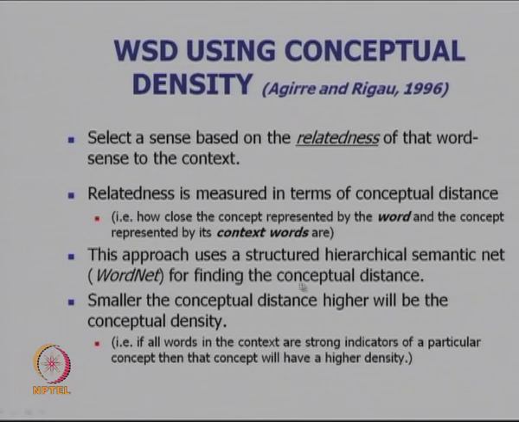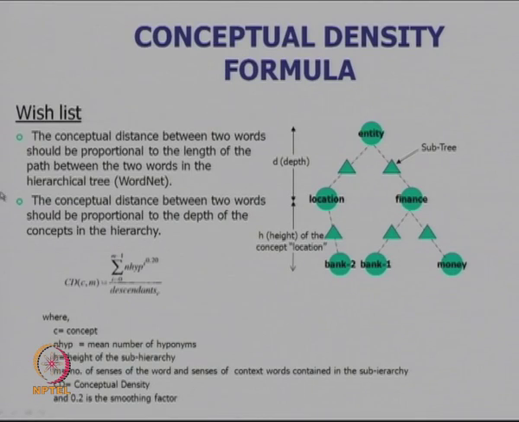This approach uses a structured hierarchical semantic net or word net for finding the conceptual distance. Smaller the conceptual distance, higher will be the conceptual density. If all the words in the context are strong indicators of a particular concept, then the concept will have a higher density. So, here is a wish list for conceptual density formula.